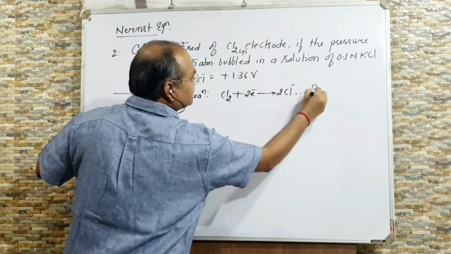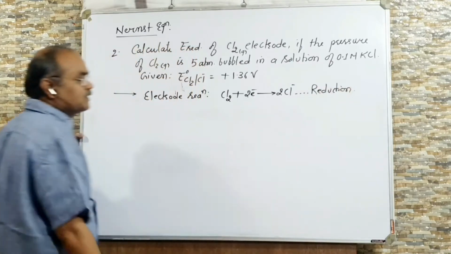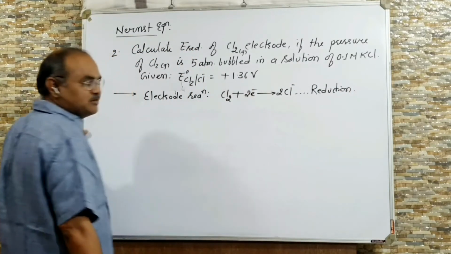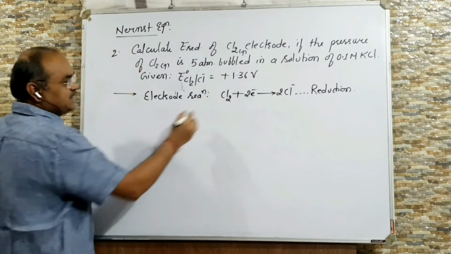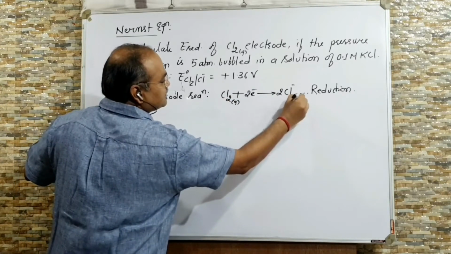So this is reduction. Clear? Now I have balanced it. So number of electron transfer will be 2. If you write it half, it will be 1, but you have to write it Cl minus. For this gas electrode, this is gas, this is aqueous.